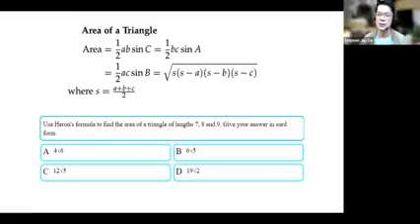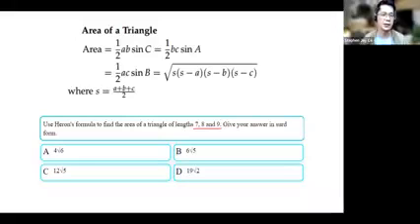So for example, use Heron's formula to find the area of the triangle given the lengths 7, 8, and 9. Give your answer in simplest radical form or in square root form. From this one, you could simply get first the s. The s is 7 plus 8 plus 9 divided by 2. That would give you 24 divided by 2, which is 12.